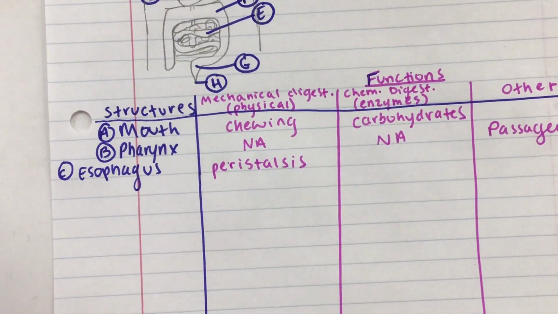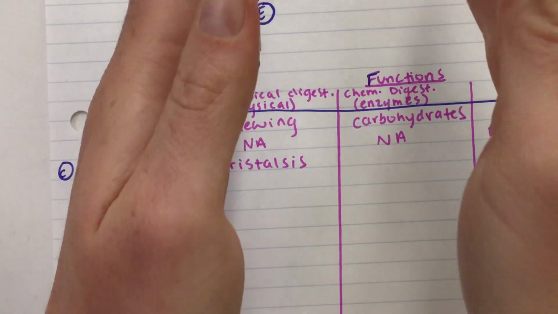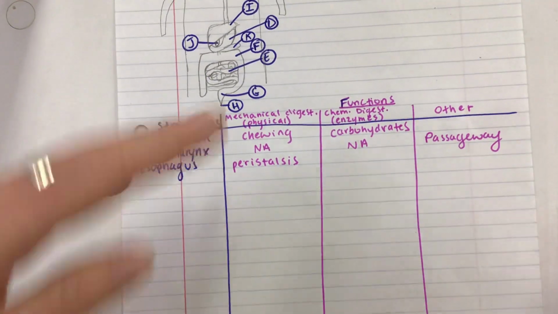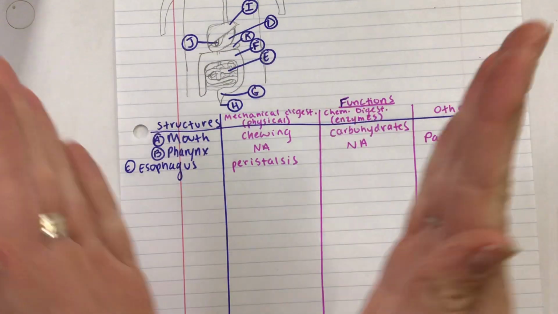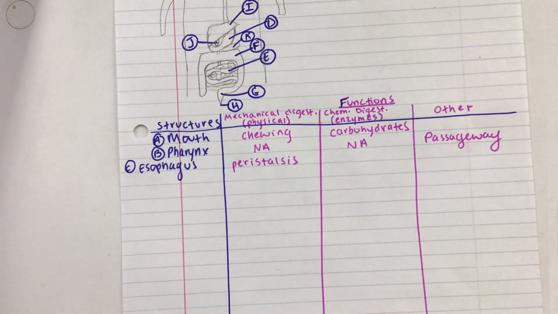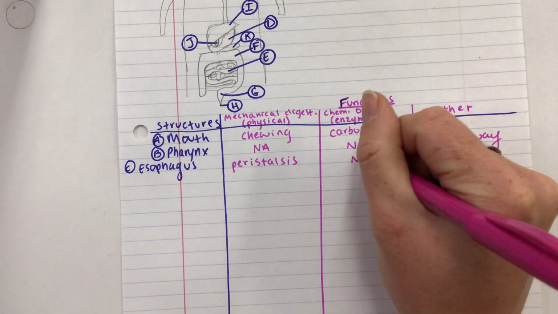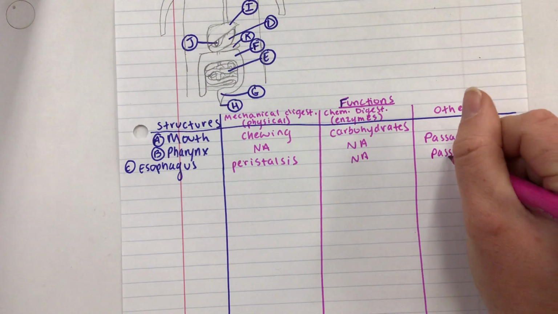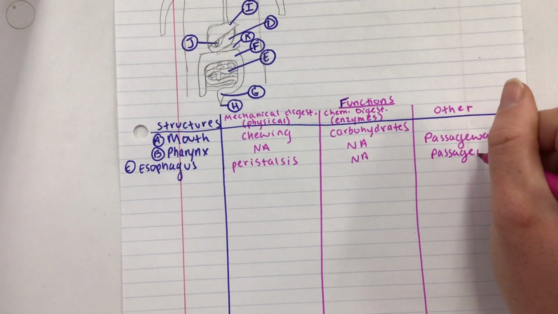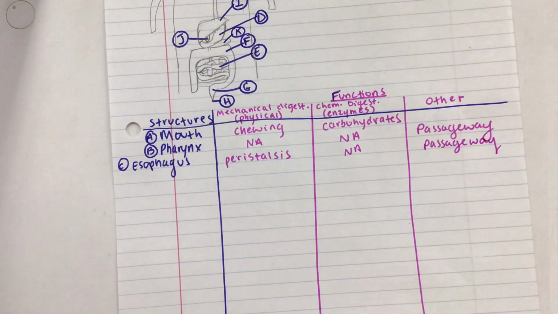This is like when muscles can do this wave-like motion. They're just kind of pushing it on down by creating this roller coaster for the food, pushing it all down so nothing gets stuck. Really no major functions here, and it's also just basically a passageway for this food. We're trying to bypass all those respiratory organs and get down to those digestive ones.